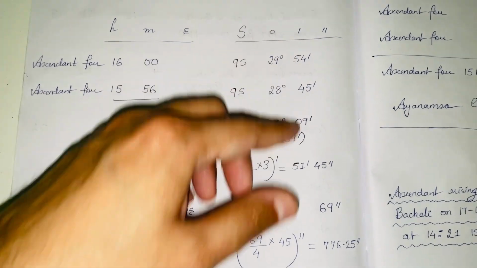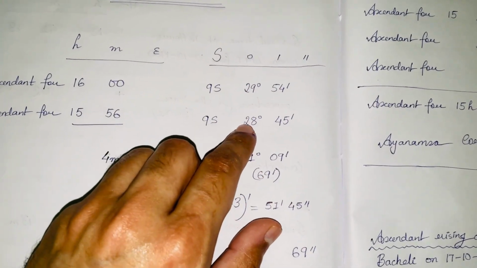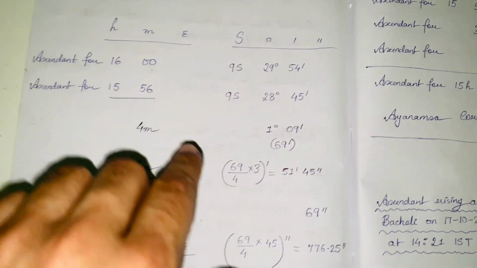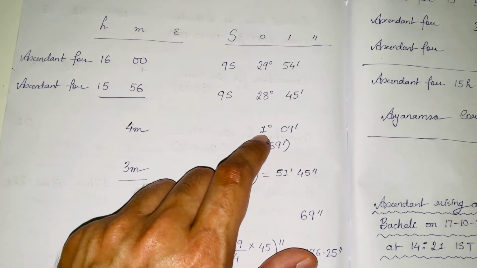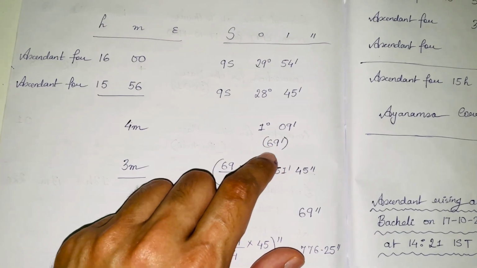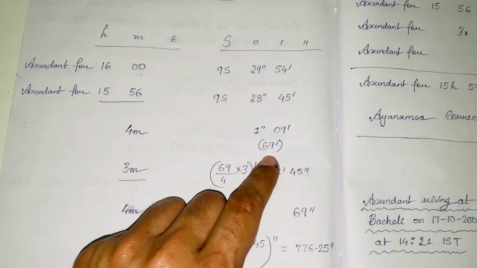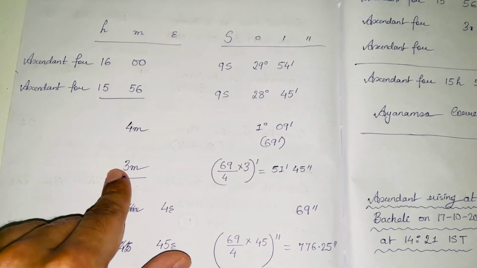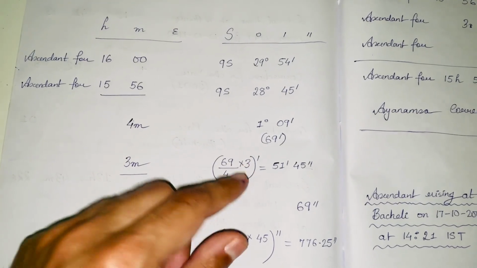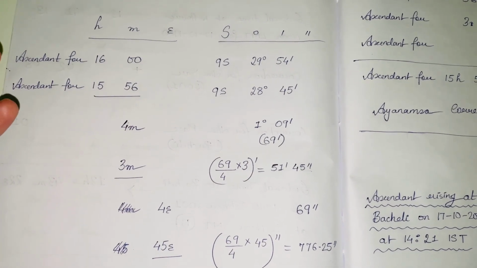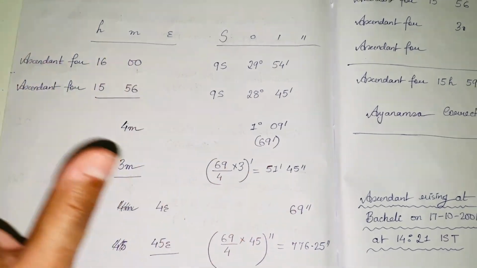Subtracting these two ascendant values gives 1 degree and 09 minute, which I am writing as 69 minutes. So 4 minute is equal to 69 minute. 3 minute will be 69 divided by 4 into 3, a simple ratio and proportion method, which gives us 51 minute and 45 seconds.